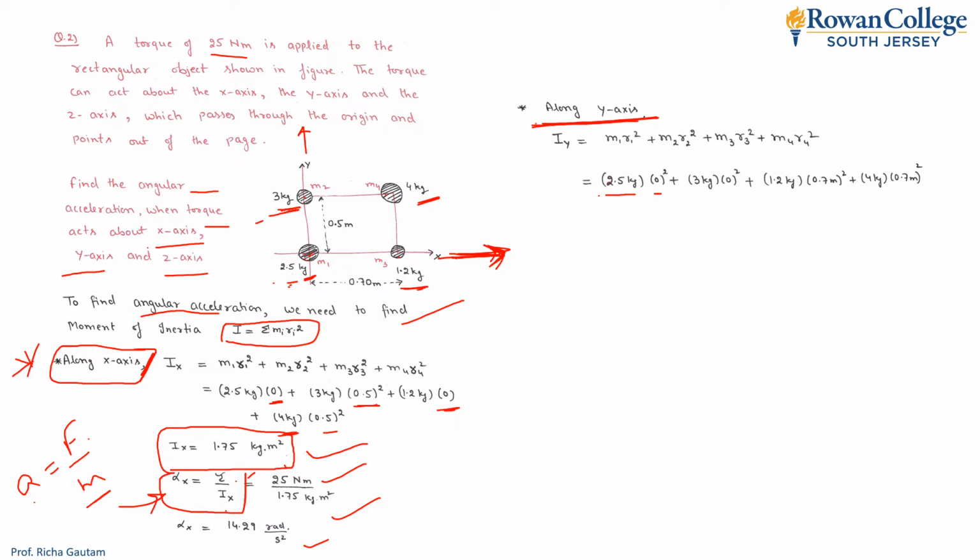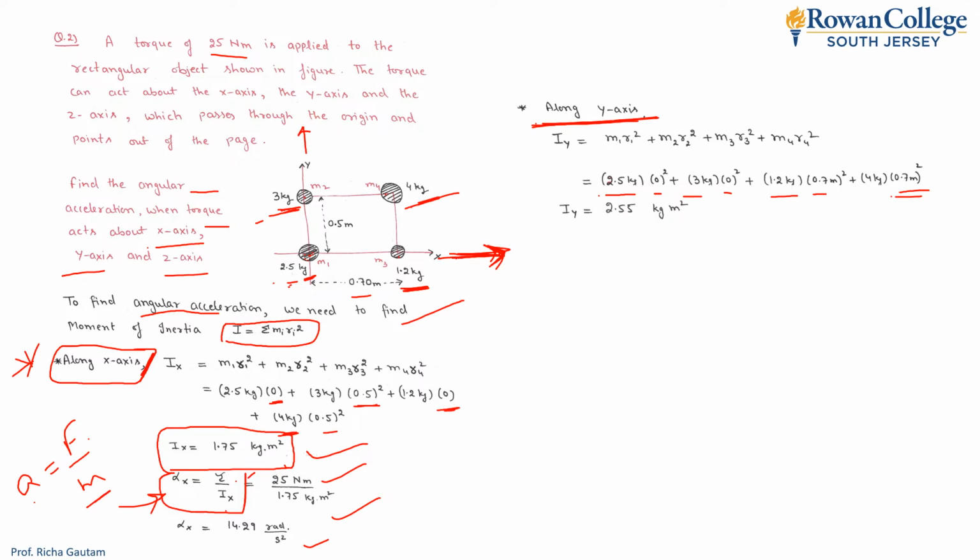Your 3 kilogram is on the y-axis, its distance from the y-axis is again 0. Your third mass, 1.2, is at a distance 0.7, so you plug in that number, and the 4 kilogram is at the same distance, 0.7 meter, from the y-axis.